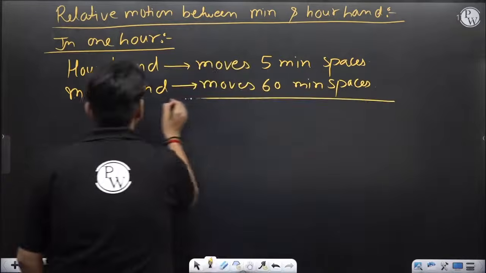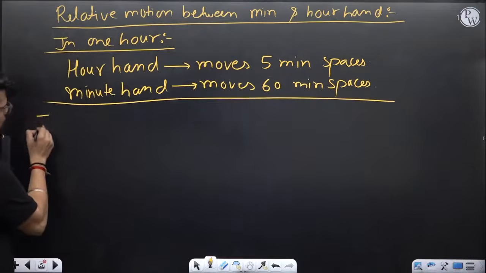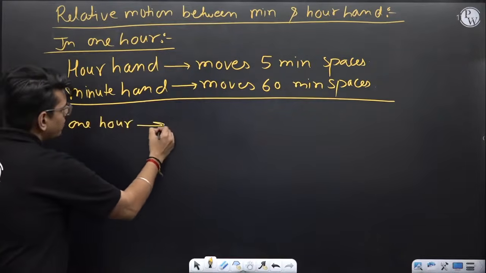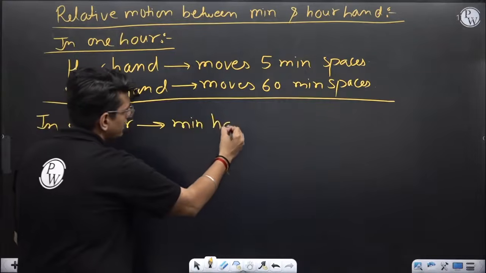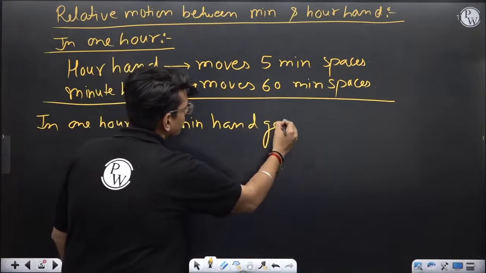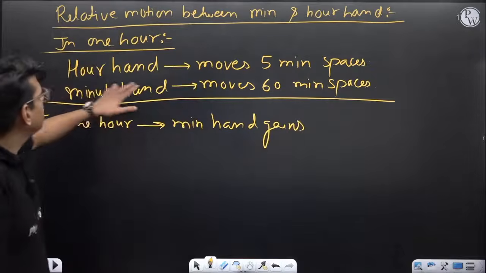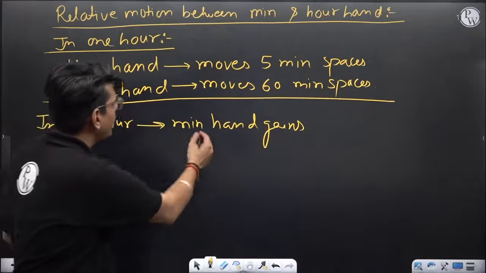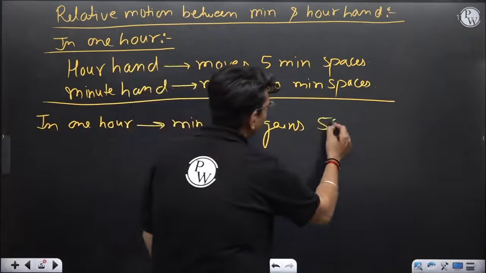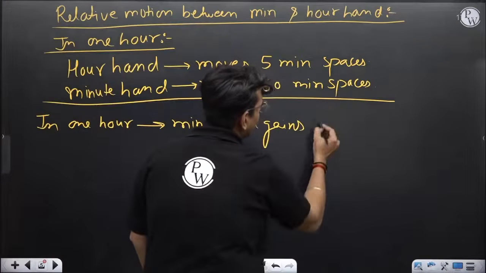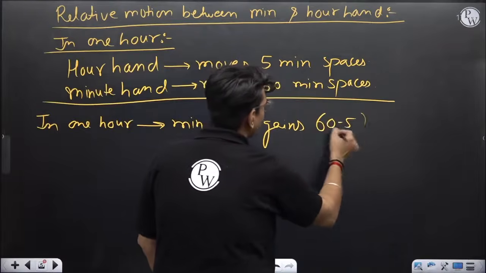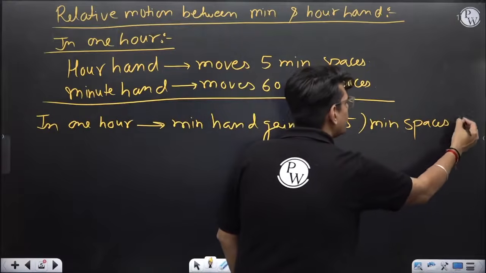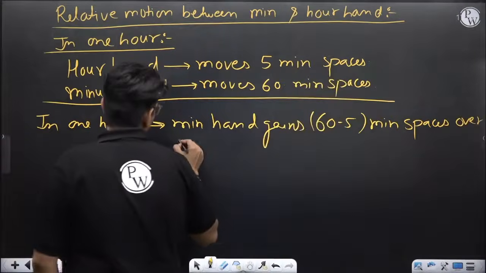What does it mean? In 1 hour, the minute hand gains what? The hour hand is moving 5 minute spaces and the minute hand is moving 60 minute spaces. So the minute hand gains 55. Let me write it like this: 60 minus 5 minute spaces over the hour hand.